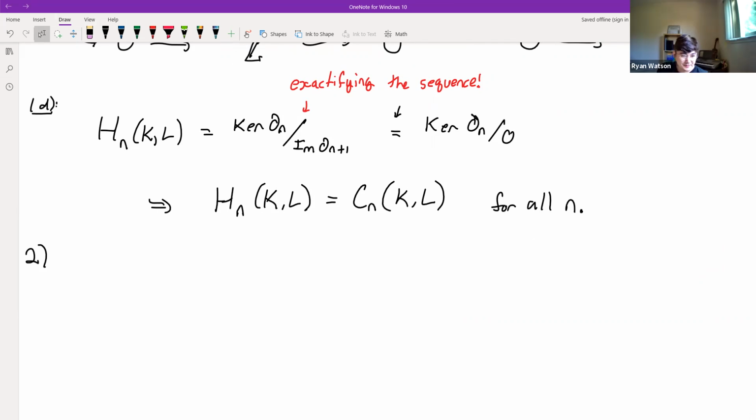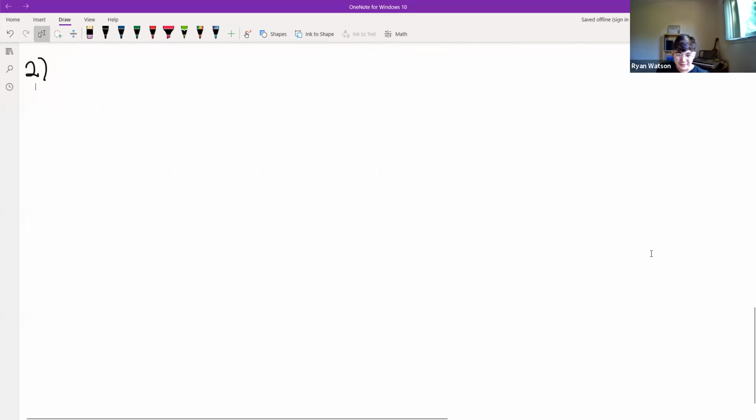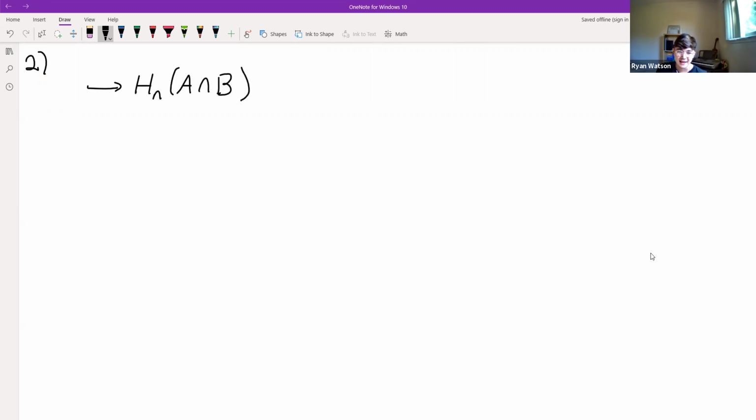I could try 2. I don't know if this is a good description, but there are inclusion maps from A intersect B into A and A intersect B into B. And they both take cycles to cycles and boundaries to boundaries, so they induce maps on homology.